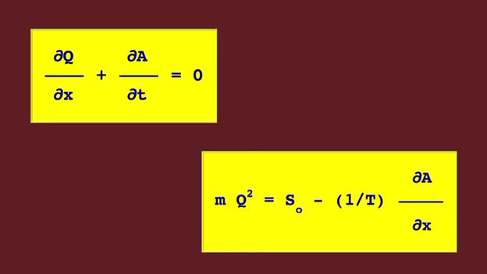These two equations constitute a set of two partial differential equations describing diffusion waves. For certain applications, these equations can be combined into one equation, with discharge Q as the dependent variable. After appropriate linearization, the diffusion wave equation is obtained.